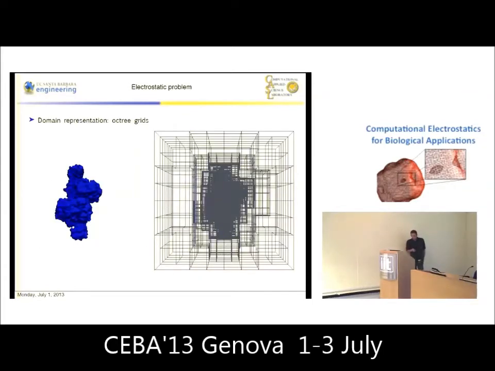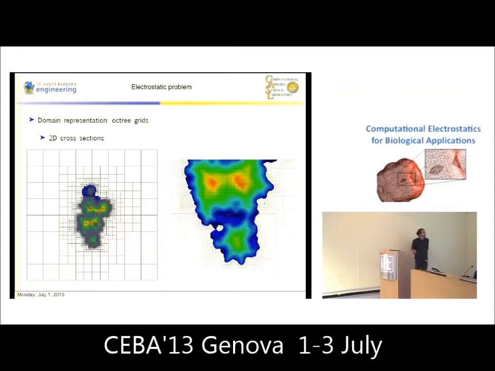So I just wanted to illustrate the grid generation procedure. If you have a given molecule here for which we build the SES, then we build the quadtree grids, refining where the interface is. So that's the 3D mesh, but maybe the 2D cross sections are better.